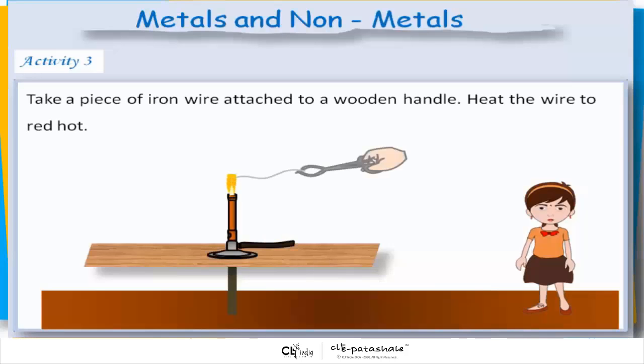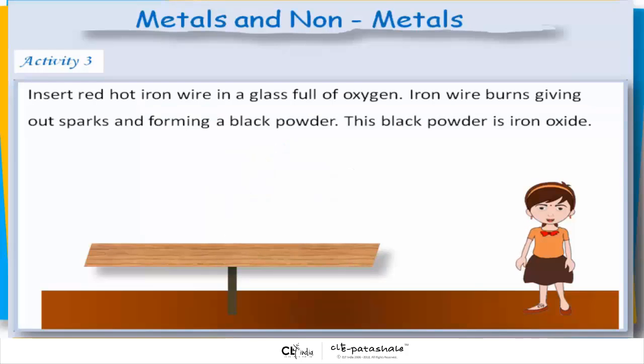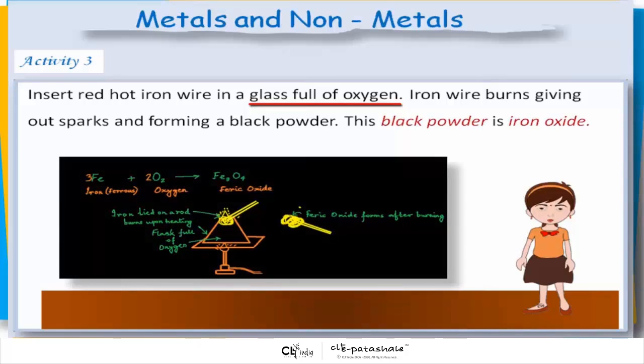Now children, take a piece of iron wire attached to a wooden handle. Heat the wire to a red hot temperature. Insert red hot iron wire in a glass full of oxygen. Iron wire burns, giving out sparks and forming a black powder. This black powder is iron oxide.